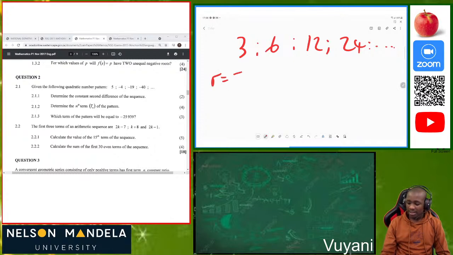Our r, we said it's T2 divided by T1, which is also equivalent to T3 divided by T2. So we must have the same thing.